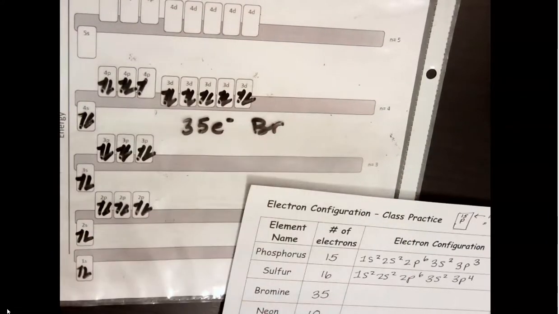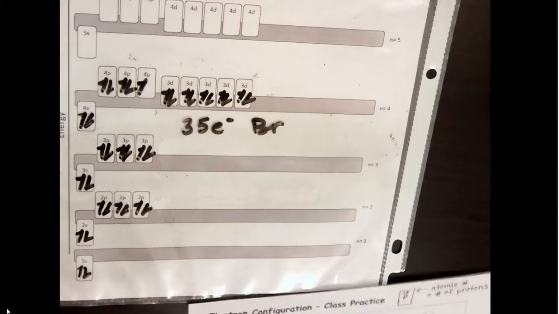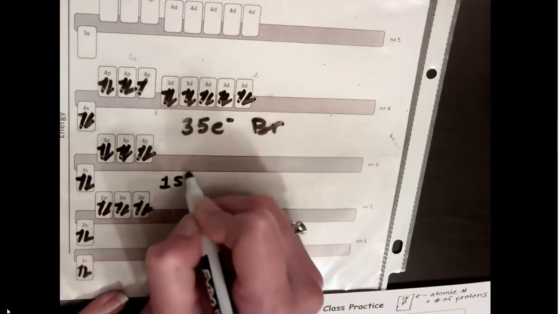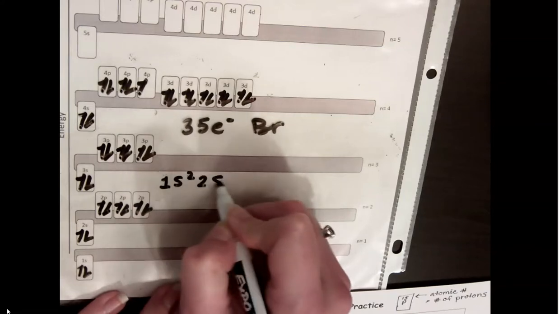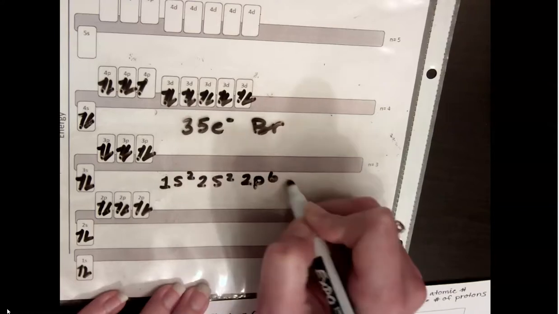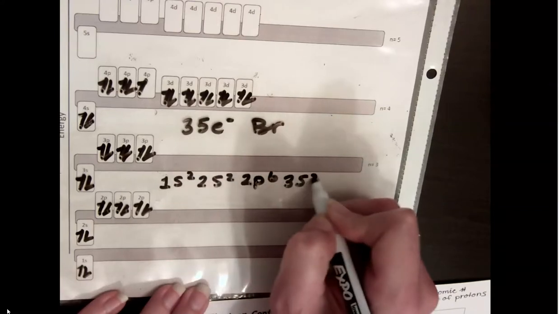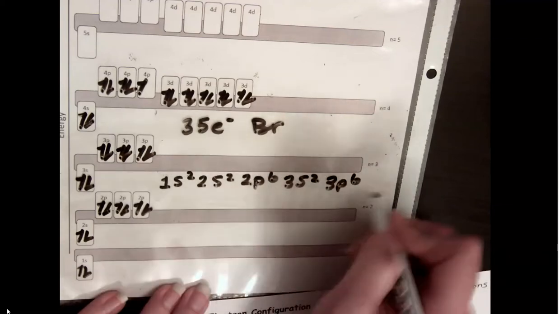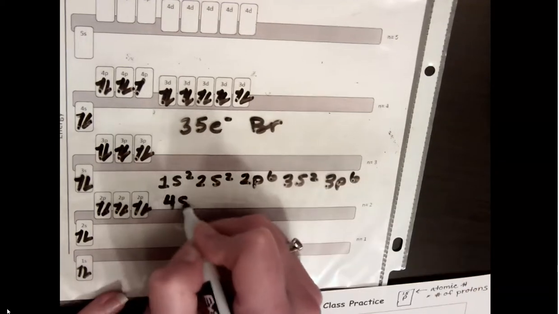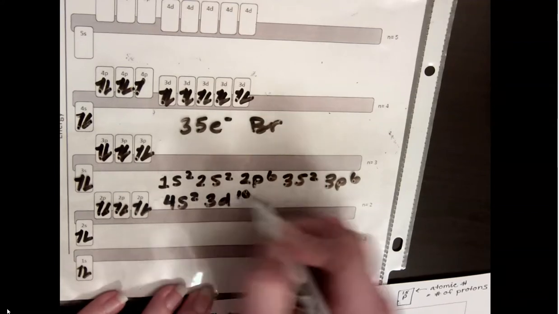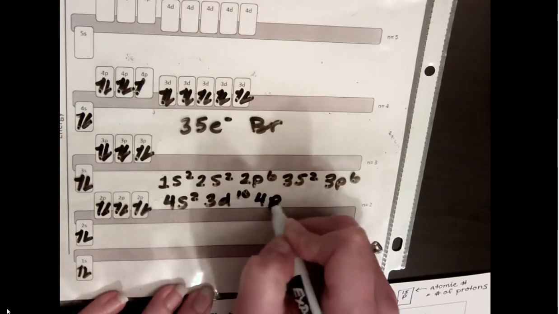So now, if I want to write my configuration, it's going to be 1s2, 2s2, 2p6, 3s2, 3p6, 4s2, 3d10, 4p.